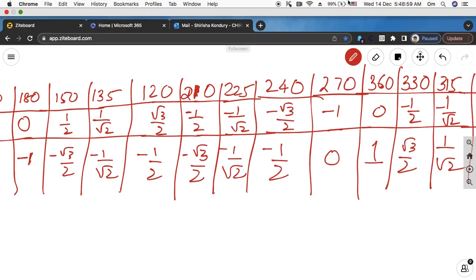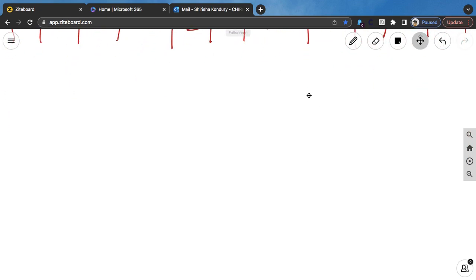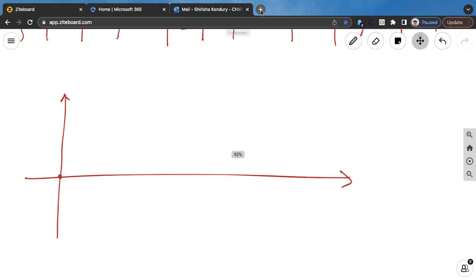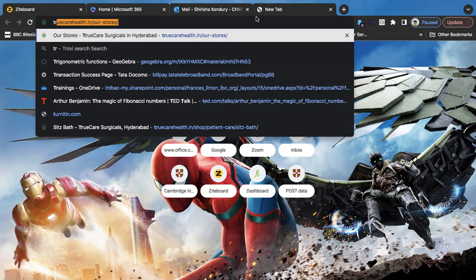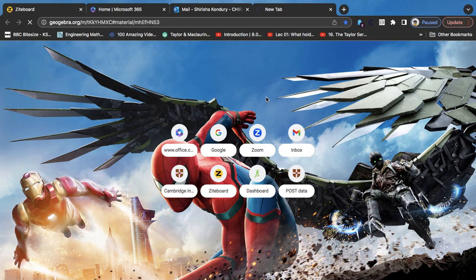If you graph these, you will realize what I'm trying to show you. So let me show you one thing. It's better I show you something with the help of an app.